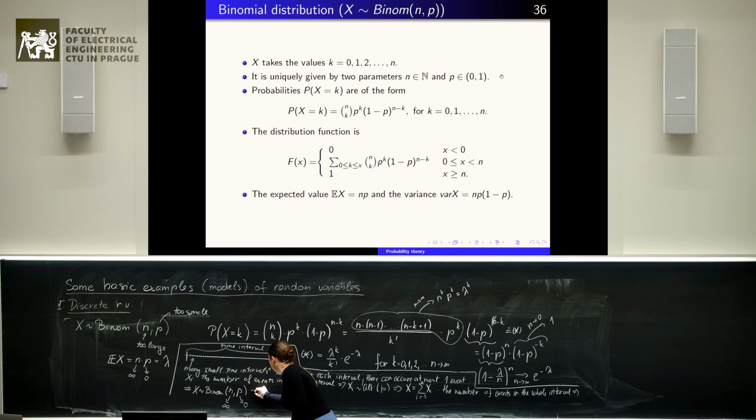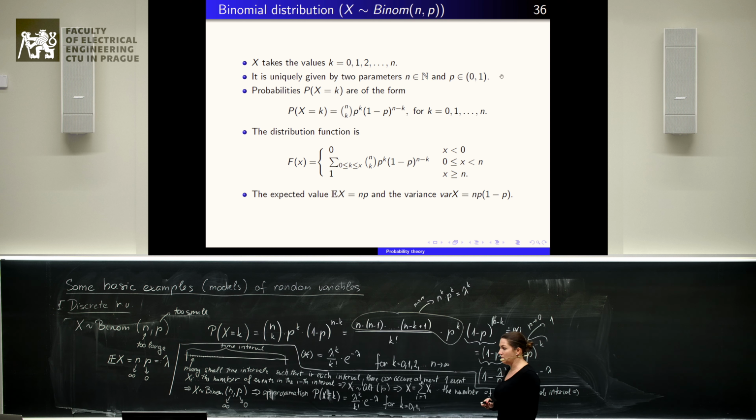So we will use the approximation that probability that x is equal to k is equal to lambda powered by k over k factorial times e powered by minus lambda for k equal to 0, 1, and so on till infinity.